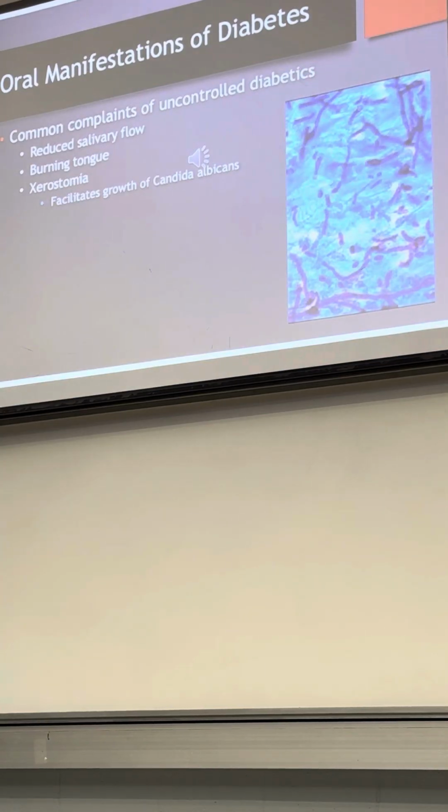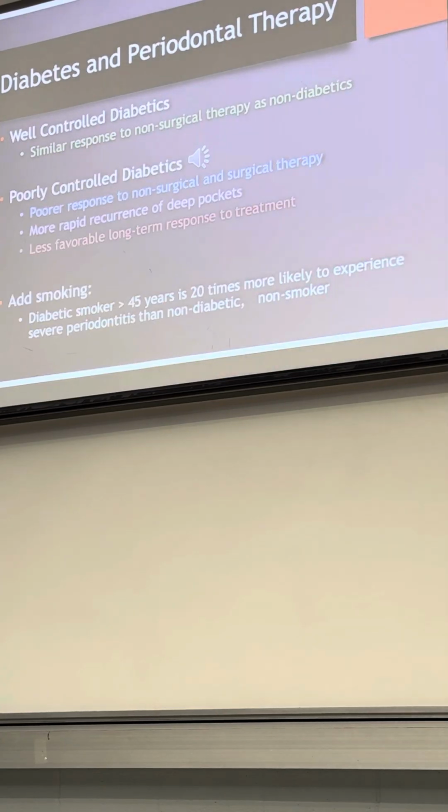Oral manifestations of diabetes, common complaints of uncontrolled diabetics: reduced salivary flow, dry mouth, burning tongue syndrome, xerostomia. That whole environment is not a good environment for us. It's good for Candida, but not for us. So you're going to see more infections occur because of that.